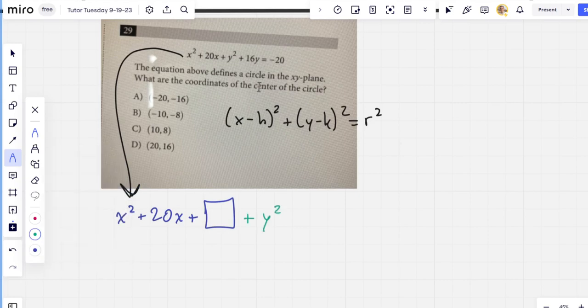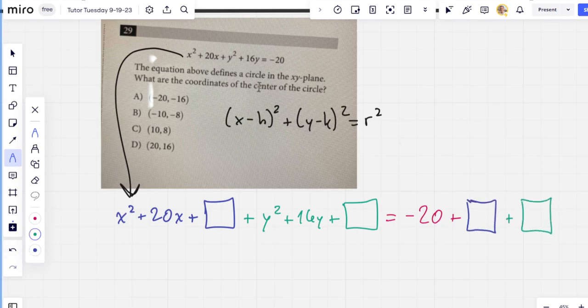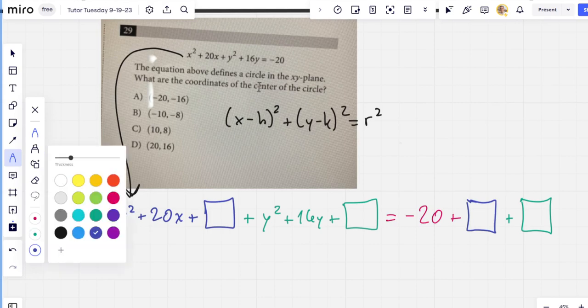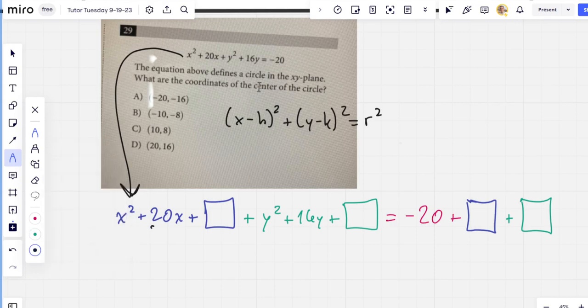Then we have the y squared plus 16y, and we need to figure out that constant, and then equals negative 20 plus, since I'm adding these constants to both sides, I want to make sure I add them to both sides to keep the balance of the equation. And the numbers that would fit in here is going to be take this, divide by 2, and square it.